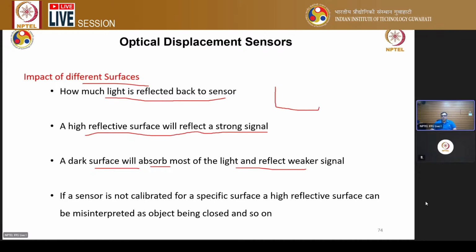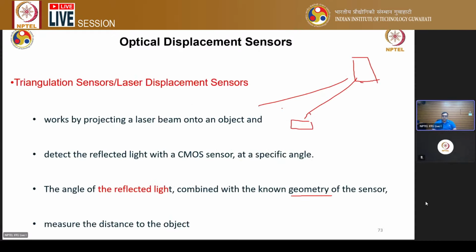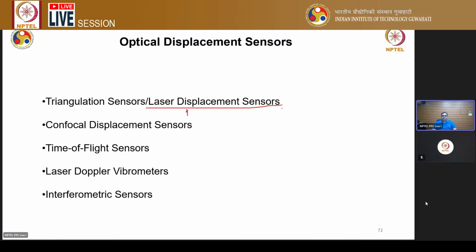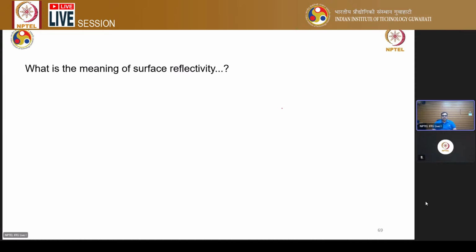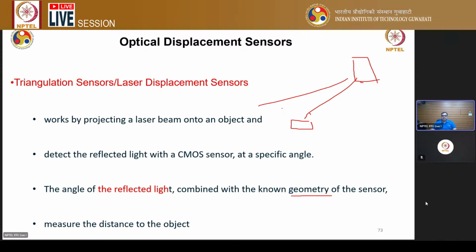When I say highly reflective surface, I mean its surface reflectivity is high, so the reflected signal will be strong, while a surface with weak reflectivity will be considered a dark or non-reflecting surface.